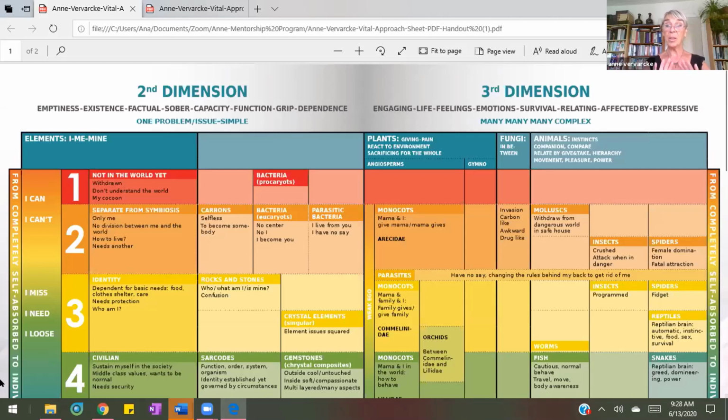In the 2nd dimension, a bit distant, a bit aloof, the things at stake will be my capacity, can I or can't I, and it will be about function, role, value and meaning. What they need is to have grip, or they are afraid to lose grip on whatever they need to be okay. It's in general about dependence, while the 3rd dimension groups are much more independent.